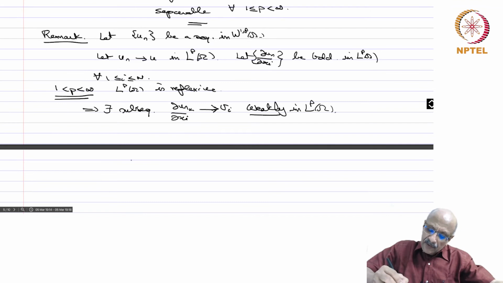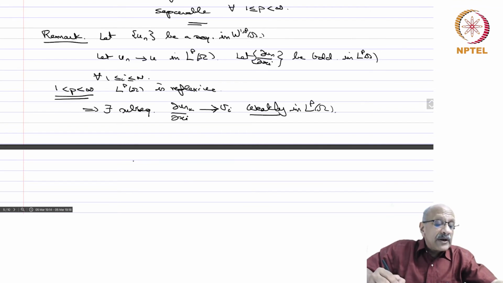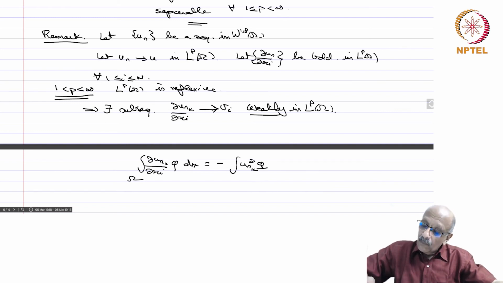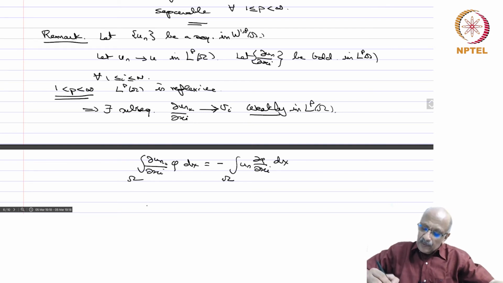So now let us again do what we did in the theorem. So you have the integral of dunk by dxi times phi on omega dx equal to minus the integral of unk times d phi by dxi dx over omega. Now you have a weak convergence, and phi is in the dual space, a fixed function.